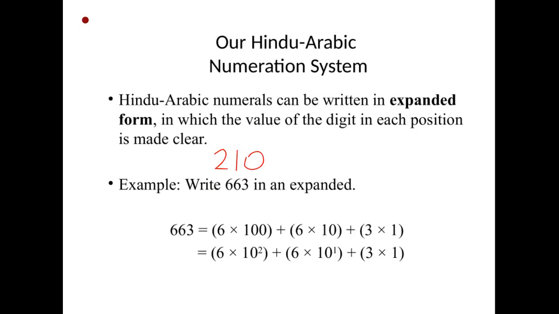And so you can see here, this middle 6 gets the 10 to the first power multiplied by it. The 6 over here gets a 10 to the second power multiplied by it. That's the leftmost 6, the second index place.